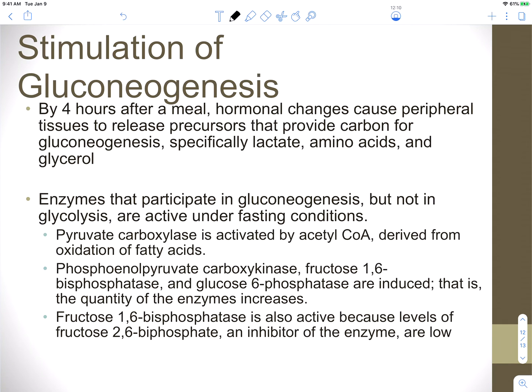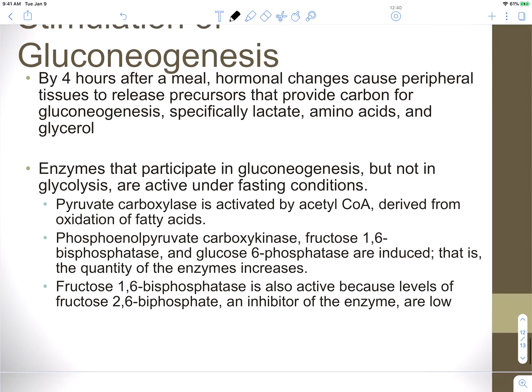And so the quantity of enzymes are going to be increased through those CREB binding, your cyclic AMP response elements. Fructose 1,6 bisphosphatase is also active because levels of fructose 2,6 bisphosphate, which is an inhibitor of that enzyme, are going to be low. So remember, fructose 2,6 bisphosphate is an activator of PFK1. So if those levels are low, then also PFK1 is inactive.